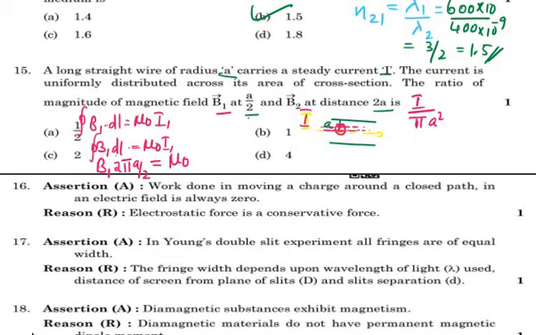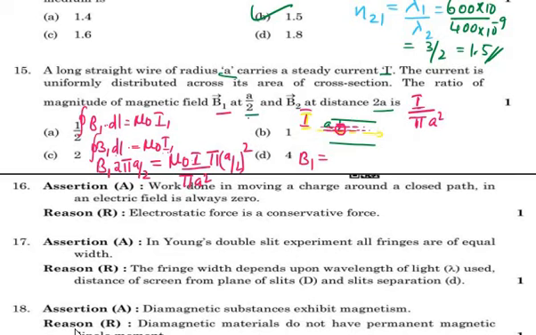Now we need to find out the current. Current is I1. So I1 is passing through the area of cross section which is having a radius of A by 2. So the current through the area of cross section will be current per unit area, that is I divided by pi A square, into the area of cross section, that will be pi into A by 2 whole square. That is current per unit area of cross section into the area of cross section. So once you simplify this, you will be getting B1 will become mu 0 I pi A square.